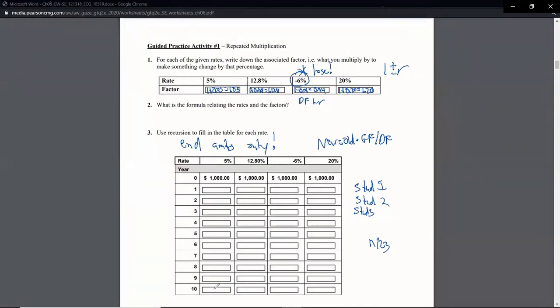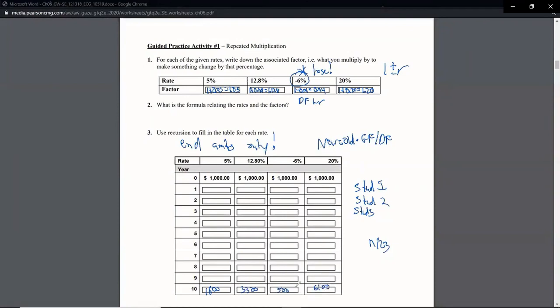I'll even point out the year 10 answers in approximation, just so we can tell if we're on a good path. Year 10 is about 1,600. Again, I'm not saying that's close by 1 or 2, it's just within 100 or something. This is about 3,300. This is going to be about 500, and this one's going to be about 6,100.